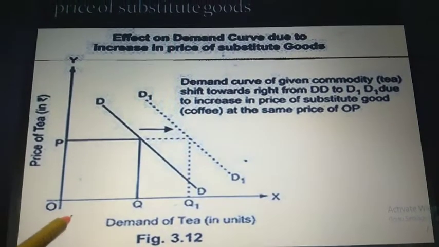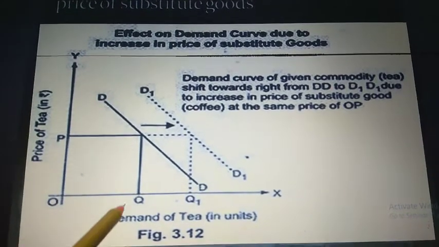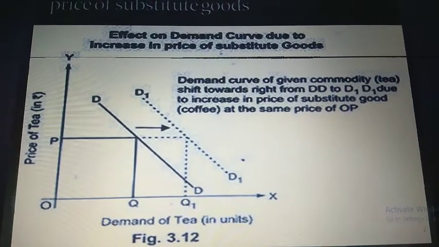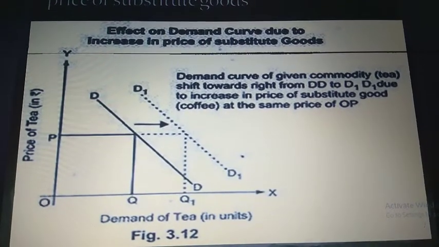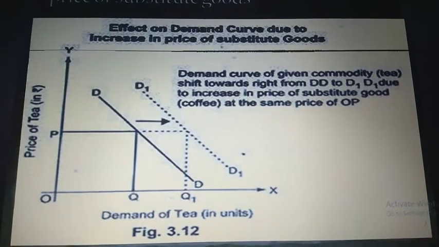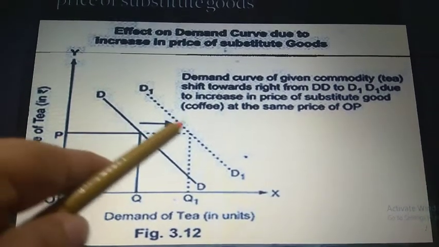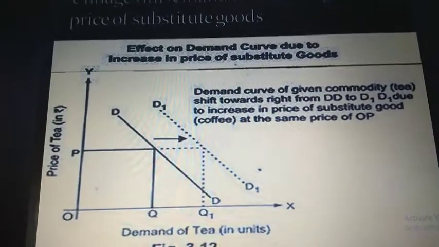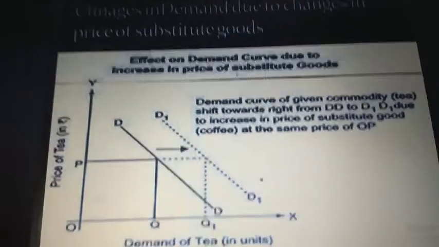The quantity demanded, earlier OQ, is now OQ1. So with the increase in the price of the substitute good, the demand of the given good rises, and an increase in demand is represented by a rightward shift in the demand curve.